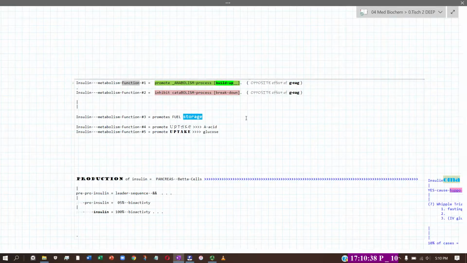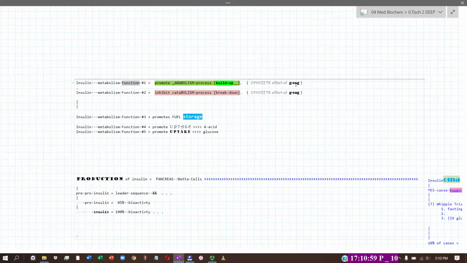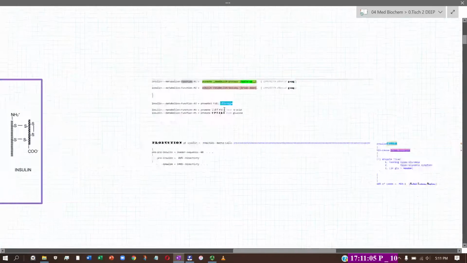The second function is inhibition of catabolic processes. So you promote the buildup and you inhibit breakdown. And something that will be relevant later when it comes to GCAG, my shorthand notation for glucagon, is that everything is essentially reverse in terms of the effects, so we'll get around to that.